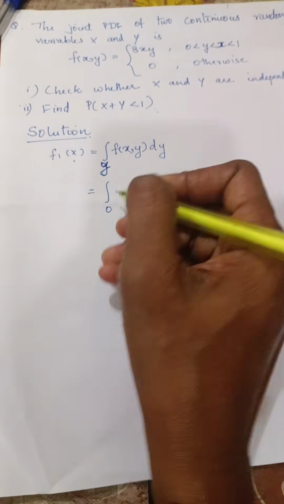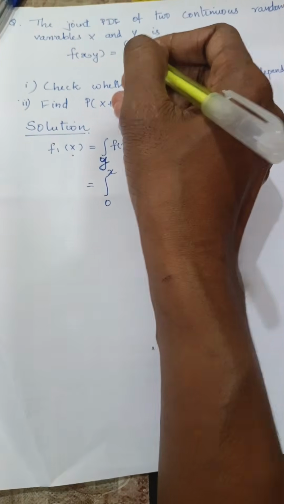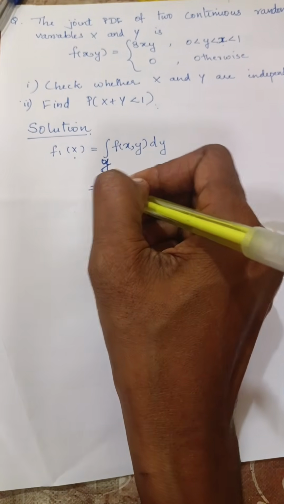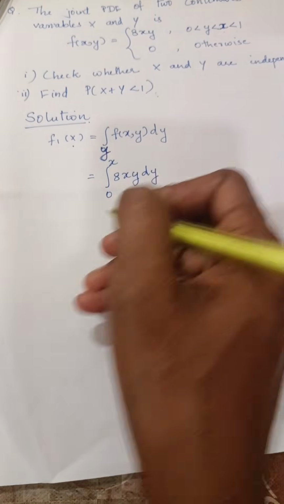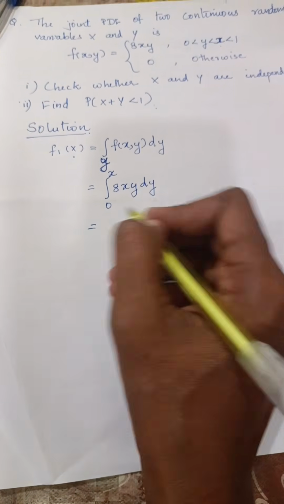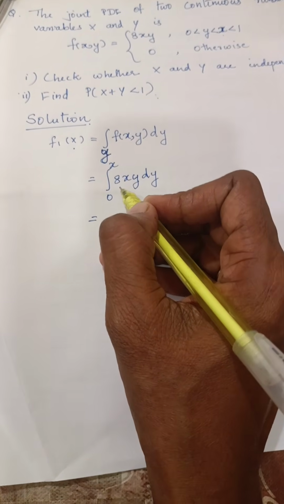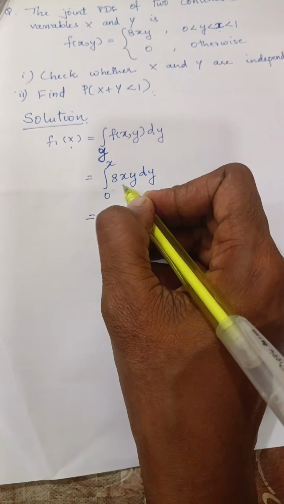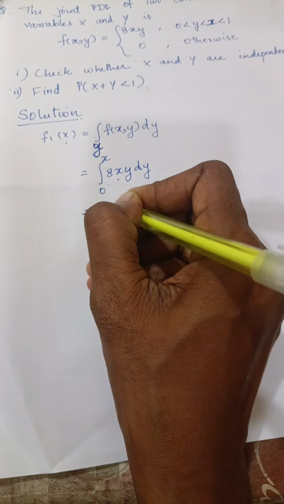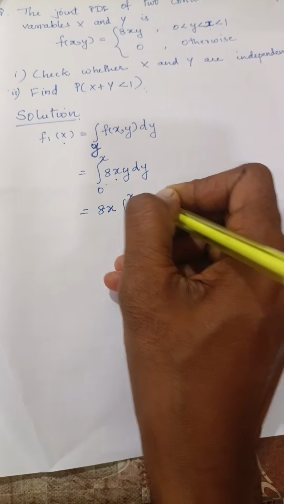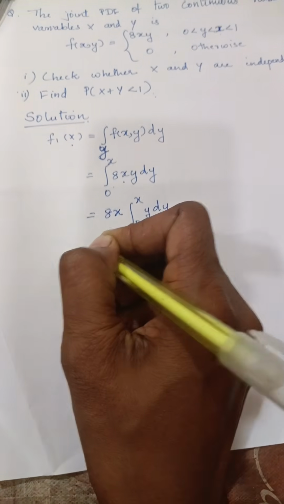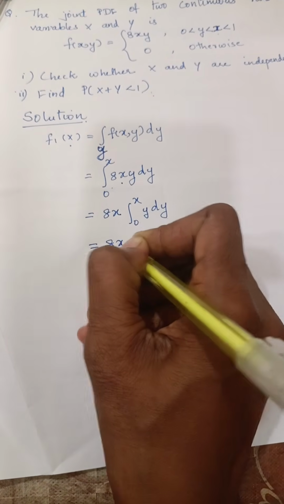So integral 0 to x, f of xy is 8xy dy. Since this integral is with respect to y, 8x is the constant term, so we can take that outside the integral.